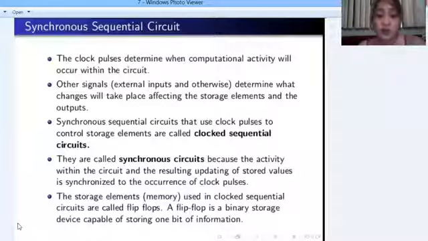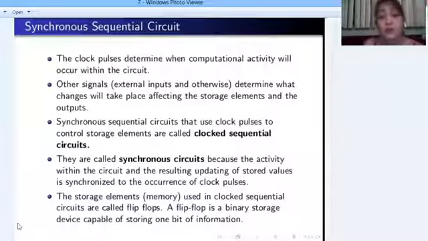A flip-flop is a binary storage device capable of storing one bit of information. All the logic devices, or most of them, are ICs, but inside the ICs are different components, depending upon the function.